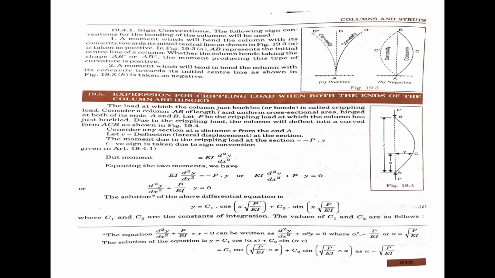First condition: see the diagrams, A positive, B negative. A moment which will bend the column with its convexity towards its initial central line, as shown in figure 19.3a, is positive.